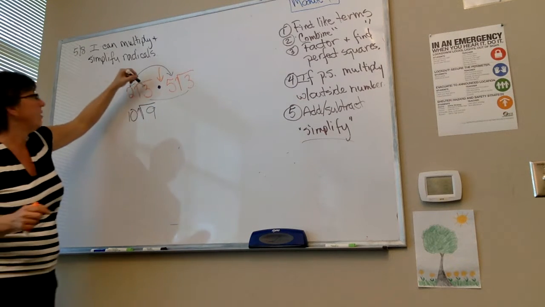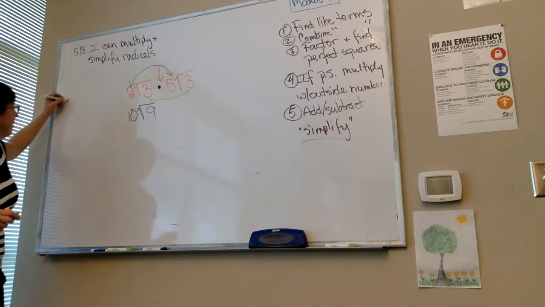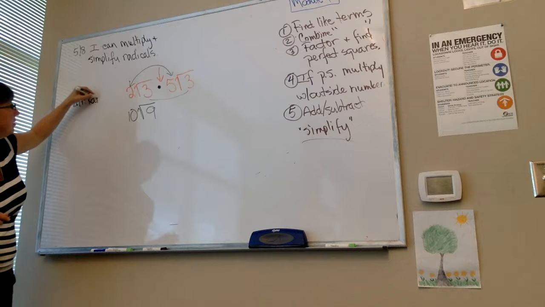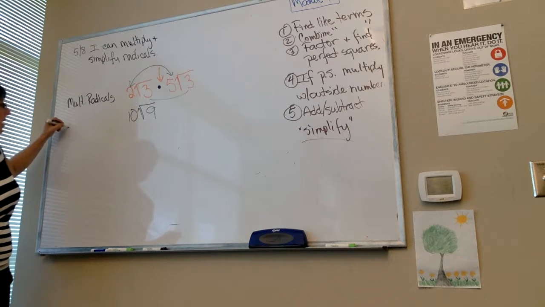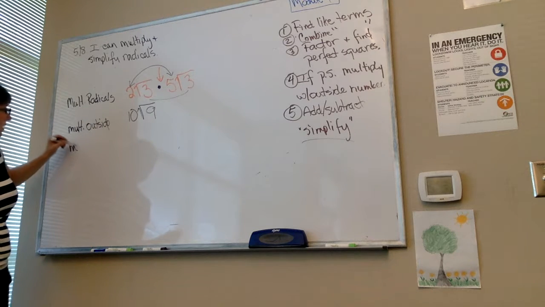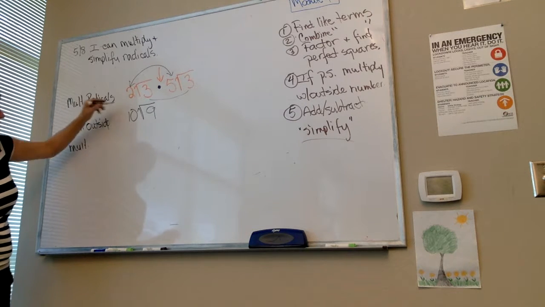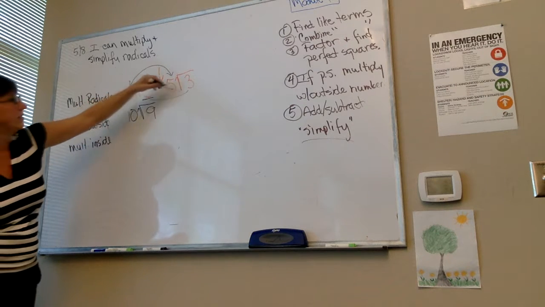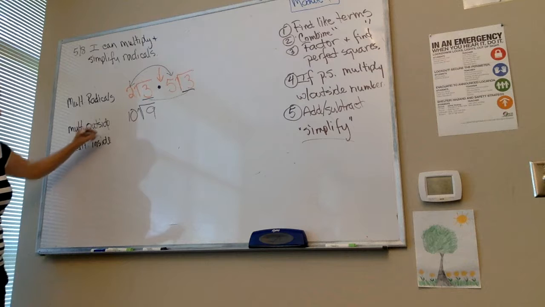So note that when we are multiplying radicals, we multiply what's on the outside, and we multiply what's on the inside. And by inside, I mean inside the radicals.